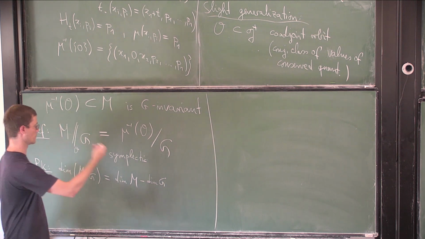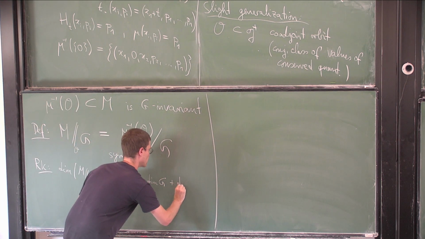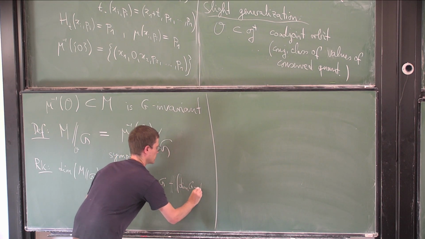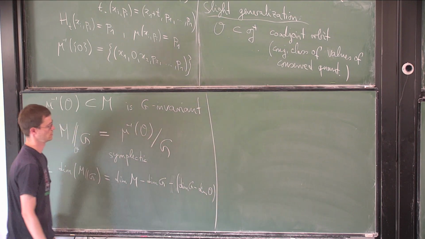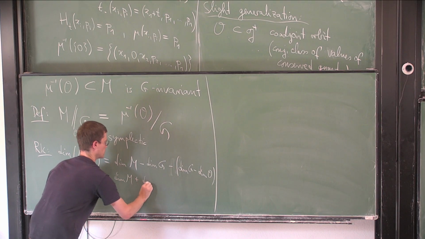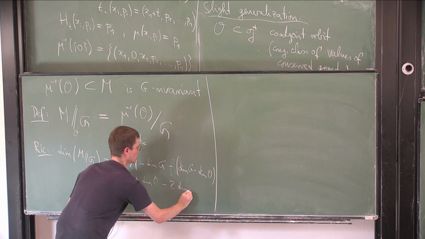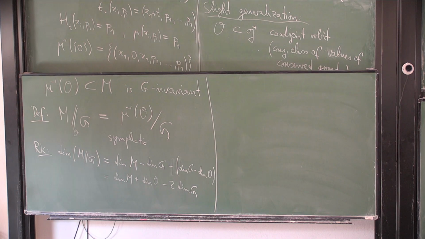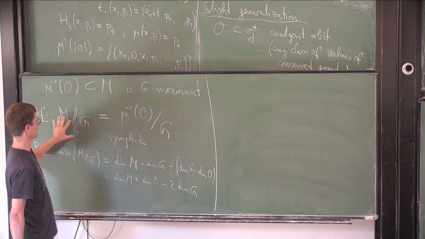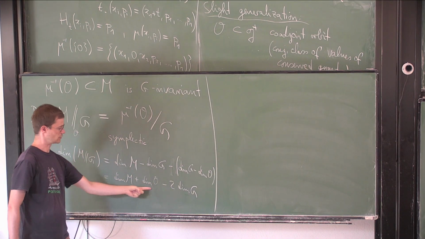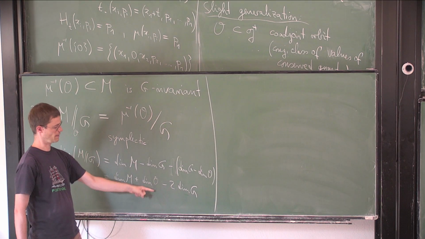So you should take its codimension in G. Right? And then the dimension is dim M plus dim O minus 2 dim G. And what's a bit surprising is it's not completely clear that this is even. We know this is a symplectic manifold, M is symplectic, so this is even, but why should the dimension of the coadjoint orbit be?